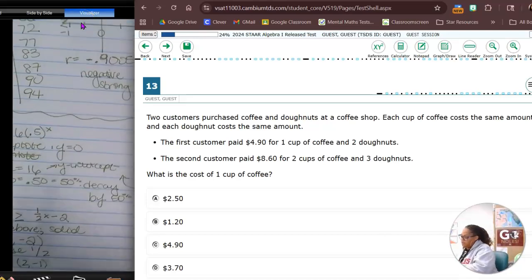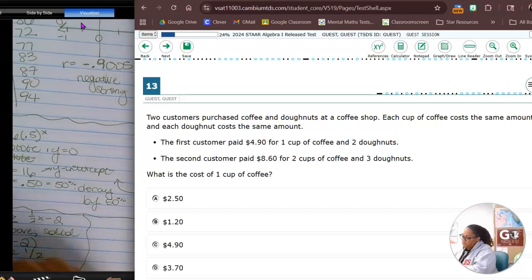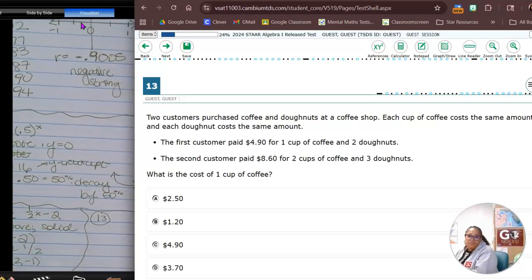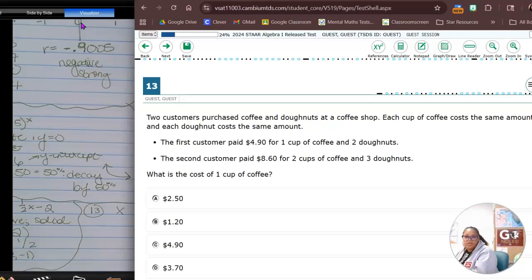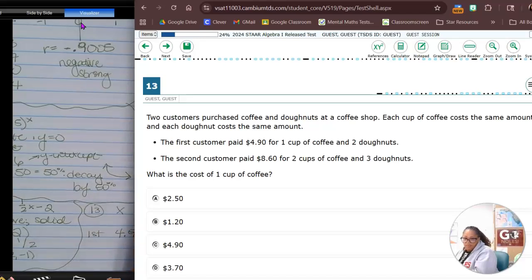13. So it says two customers purchased coffee and donuts at a coffee shop. So I got X and Y. X for coffee, Y for donuts. Each cup of coffee costs the same amount, and each cup of donuts costs the same amount. The first customer paid $4.90 for 1 cup of coffee.